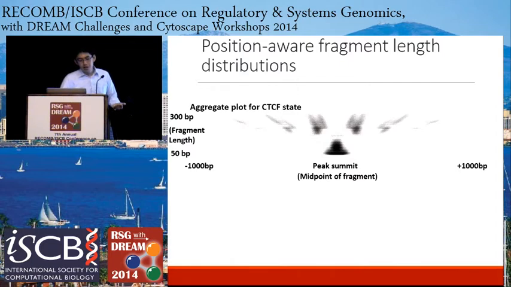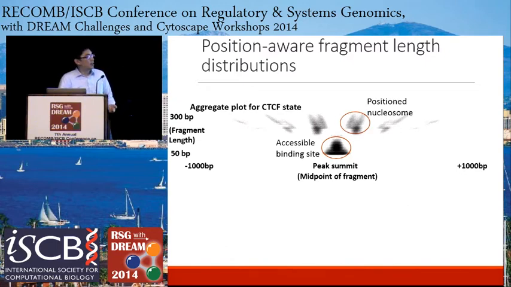The high density region near the peak summit of fragments between 50 and 100 base pairs corresponds to the accessible binding site where CTCF is likely to be binding. And the enrichment of longer fragments of 150 to 300 base pairs corresponds to the positioned nucleosomes that CTCF is often associated with.